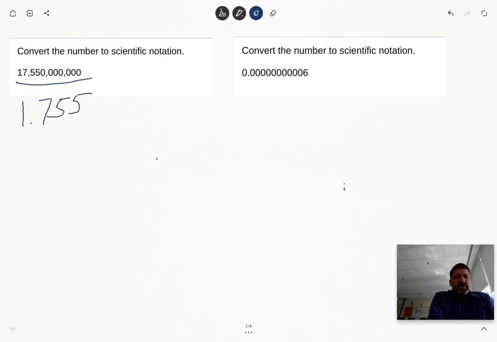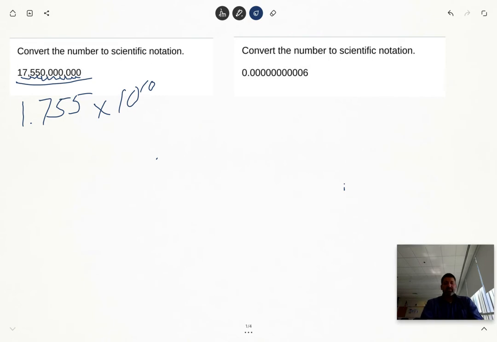I move the decimal point after the first digit. Now, how many places did I move that over? If I start at the end here, I moved it 1, 2, 3, 4, 5, 6, 7, 8, 9, 10. So times 10 to the 10th.